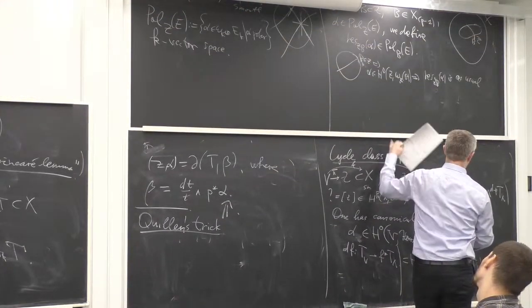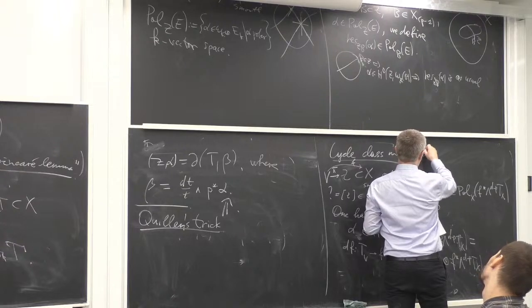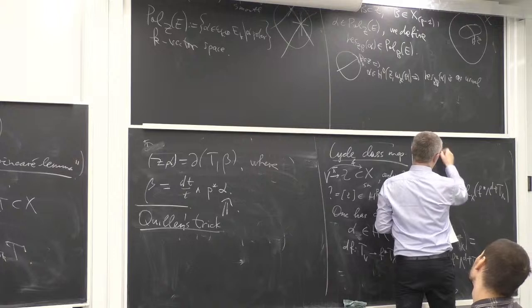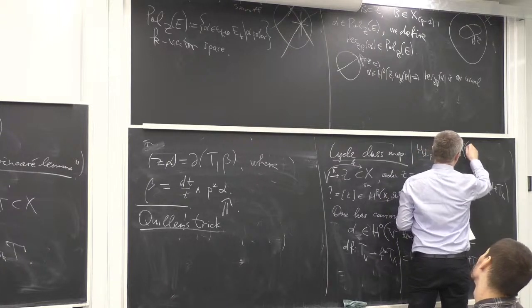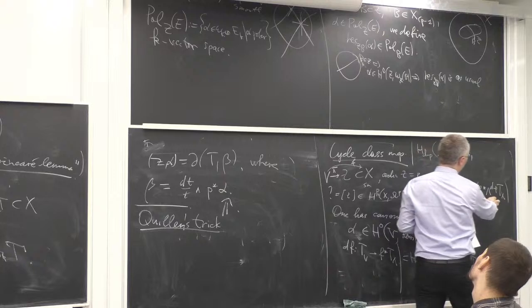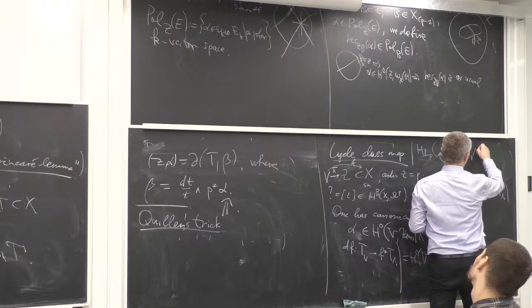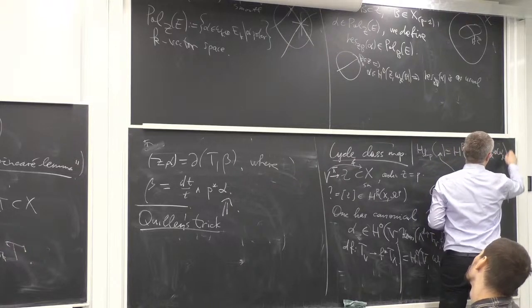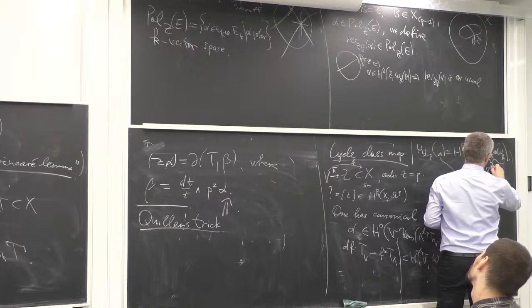Oh, I erased my theorem, but now the theorem tells us that the d minus p-th homology, dimension d minus p, of this complex is isomorphic to the p-th homology of X with coefficients in this sheaf, tensor omega X. Now this is canonically isomorphic to Omega^P.